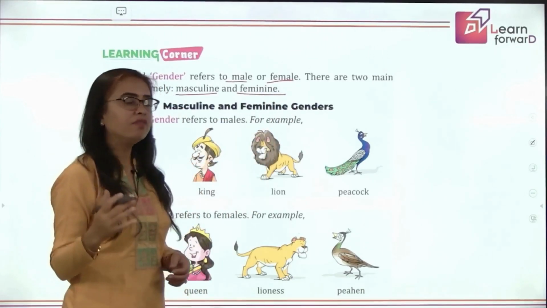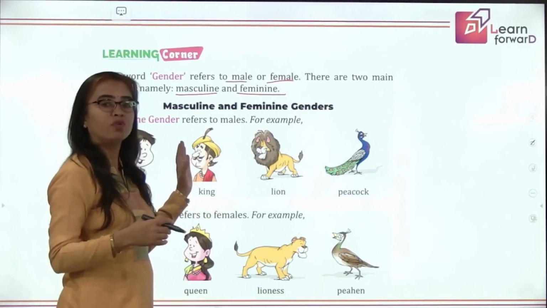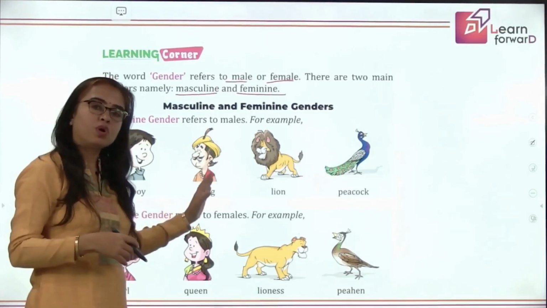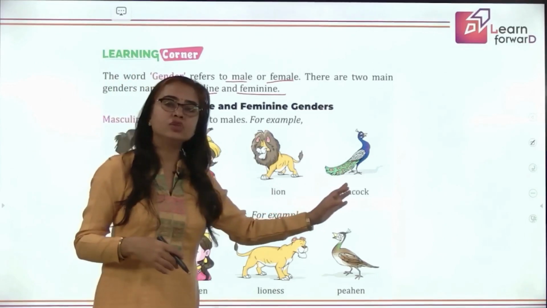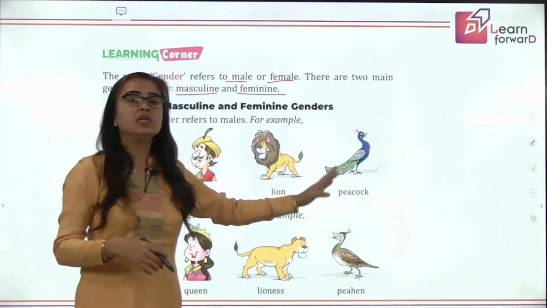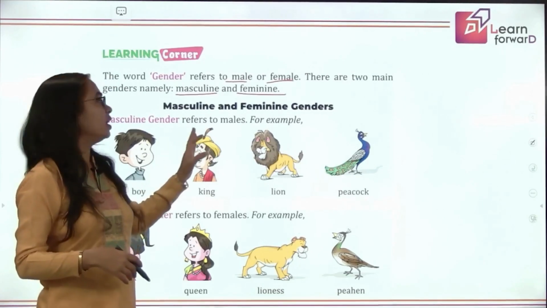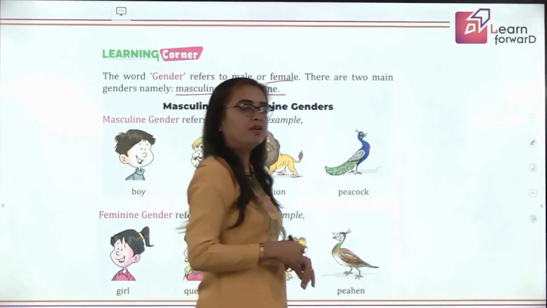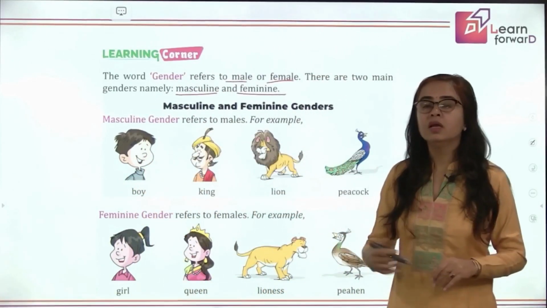Now we'll have a look at the pictures here. What are masculine and what are feminine genders? When you talk about a boy, a king, a lion, and a peacock, these all are male genders and they are called masculine genders, children. But when we talk about their female part, the feminine, what do we say?